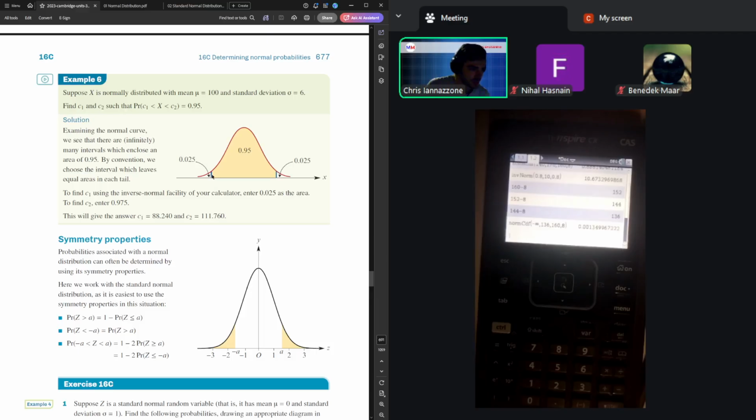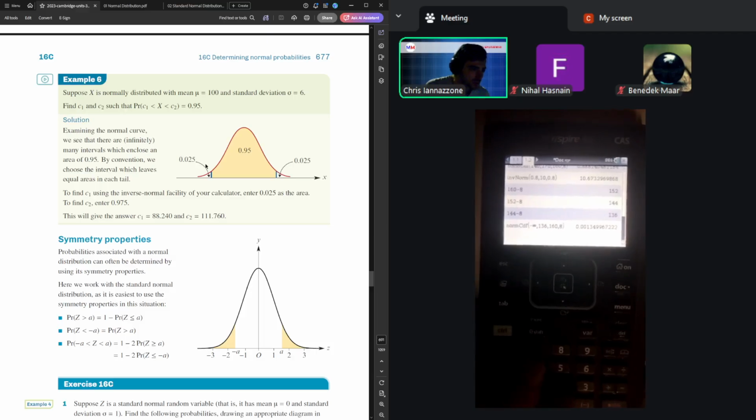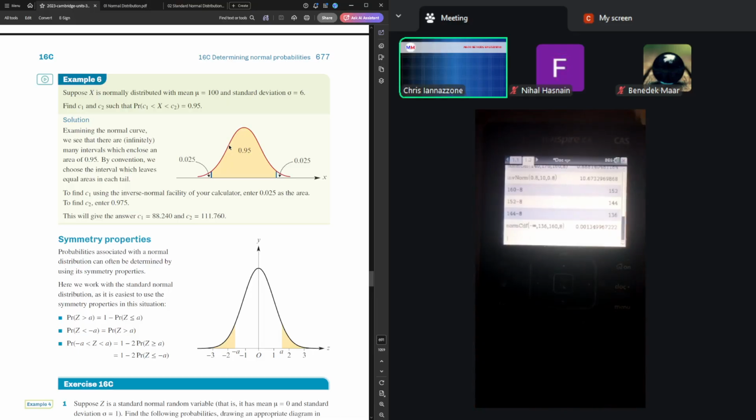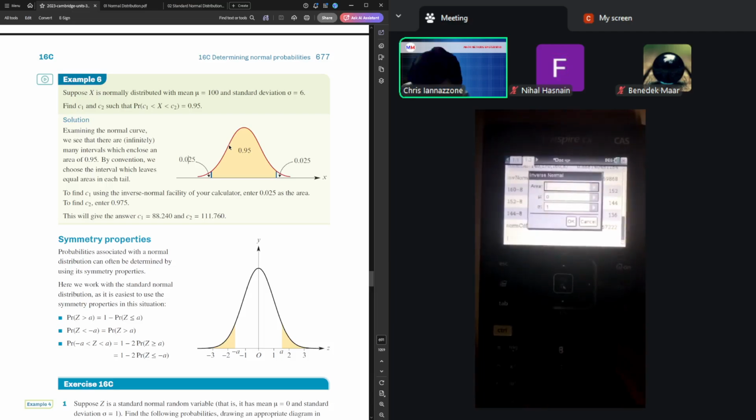To find the lower bound of this 95%, for instance, we need to know that 0.025 is left of that, because the area that we put into our inverse normal needs to be a left-pointing probability. So we go to our CAS inverse normal: 0.025, mean of 100, standard deviation of 6.